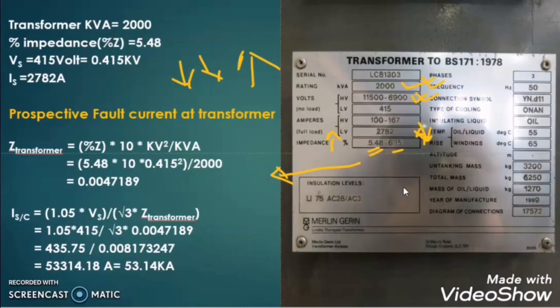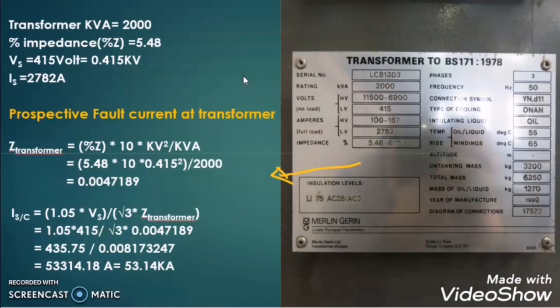So it is very important to select the transformer very wisely. If we oversize the transformer, then the prospective short circuit fault current of the system will be high. In that case, we have to increase the breaker rating of each switchgear, which will cost us more.